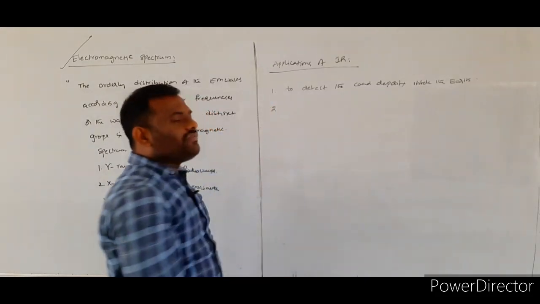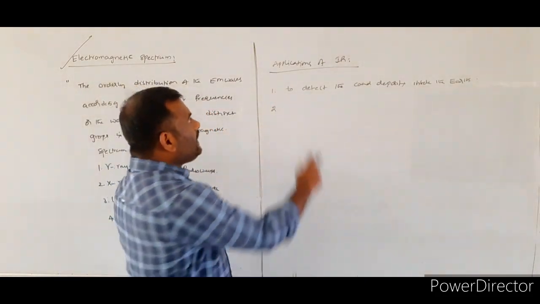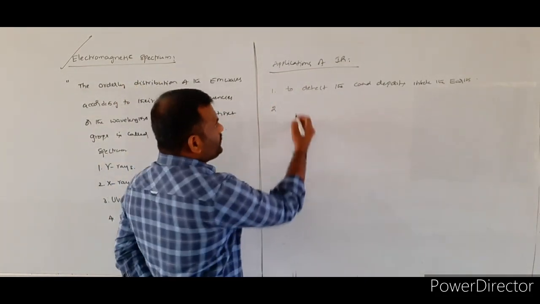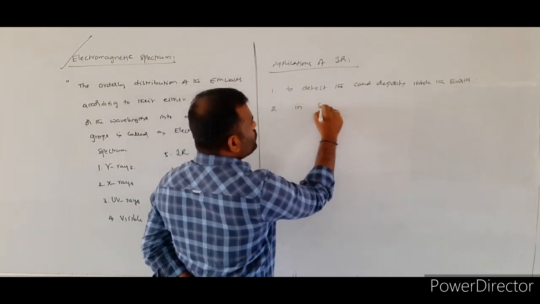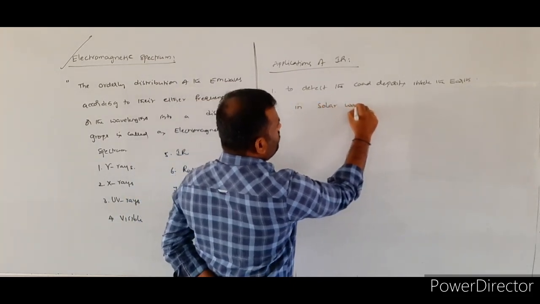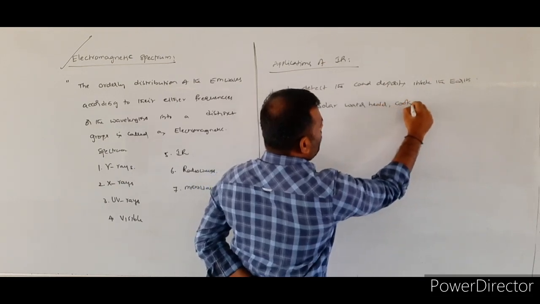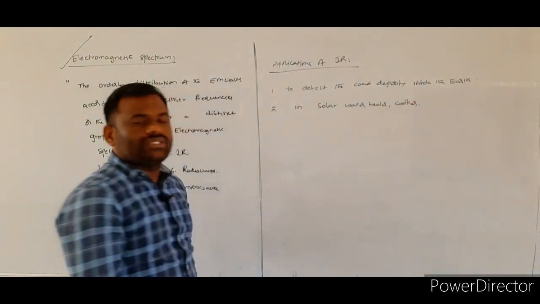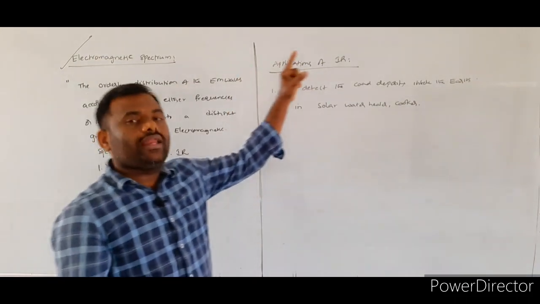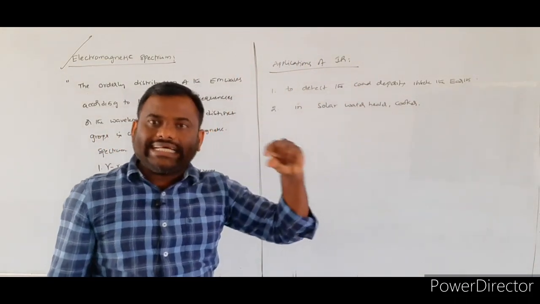And the second one is, IR radiations are used in solar water heaters as well as solar cookers. Already we said IR radiation is nothing but heat radiation.